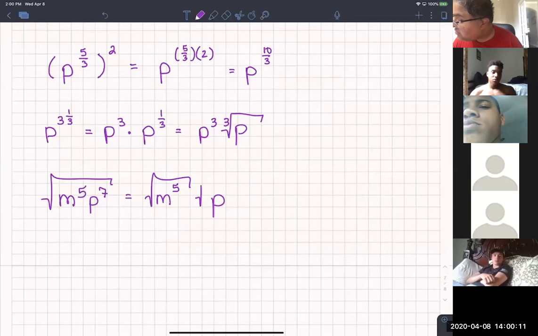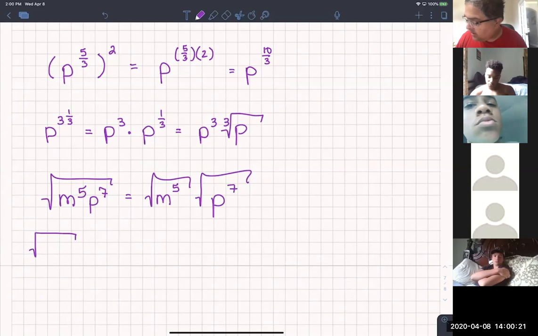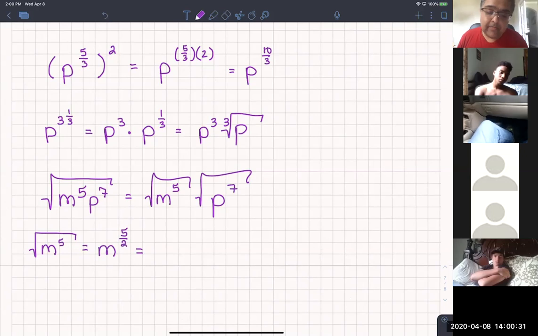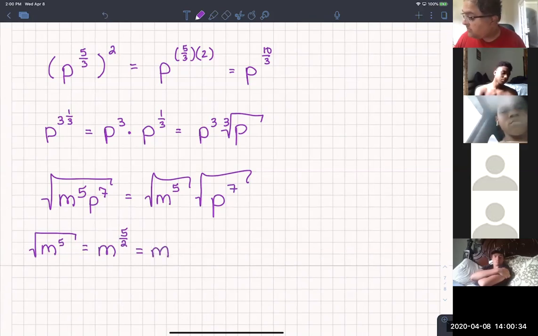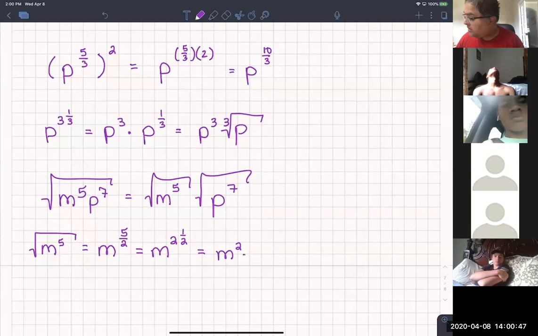And then remember I told you to say, okay, break this up, m to the 5th into m to the 4th times m, and p to the 6th times p. But you can use rational exponents. M to the 5th is that, right? And you can rewrite that as m squared times the square root of m.